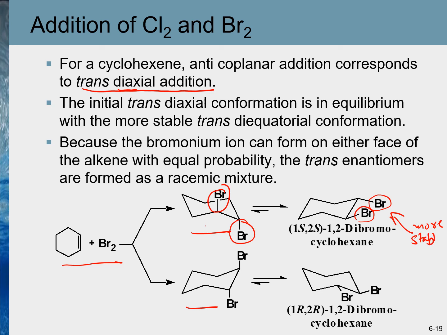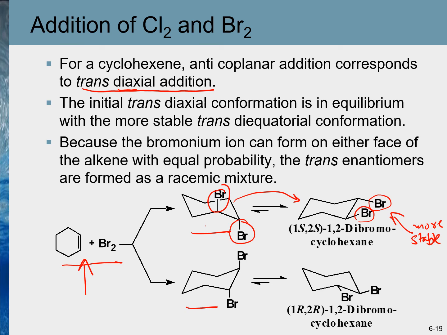So therefore, although this reaction will produce a trans-diaxial addition product in the beginning, because of the stability, this chair form will flip into the other chair form in which the diaxial bonds will convert to equatorial positions.